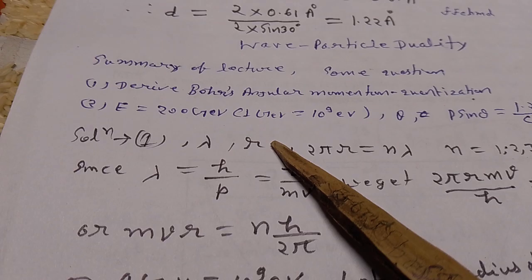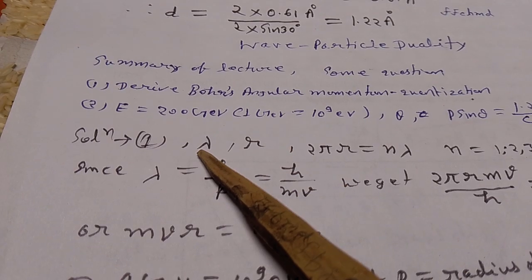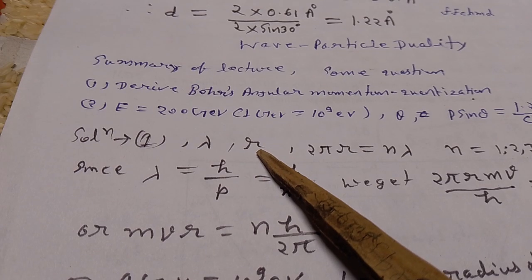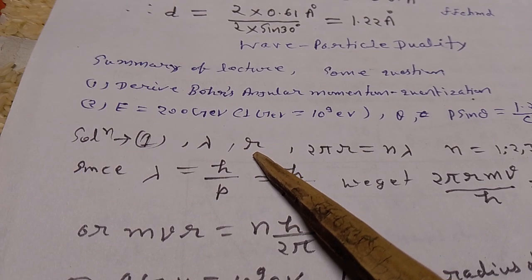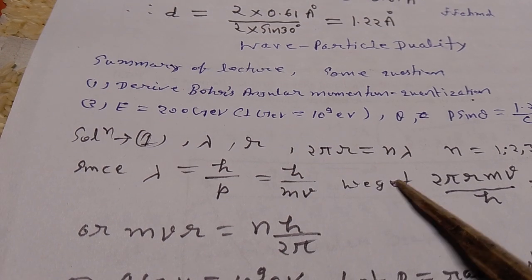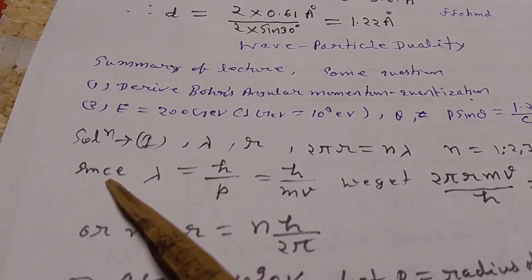Thus, if the de Broglie waves of wavelength lambda fit a Bohr orbit of radius r, to satisfy the stationary condition, we must have 2 pi r equals n lambda, where n equals 1, 2, 3, and so on.